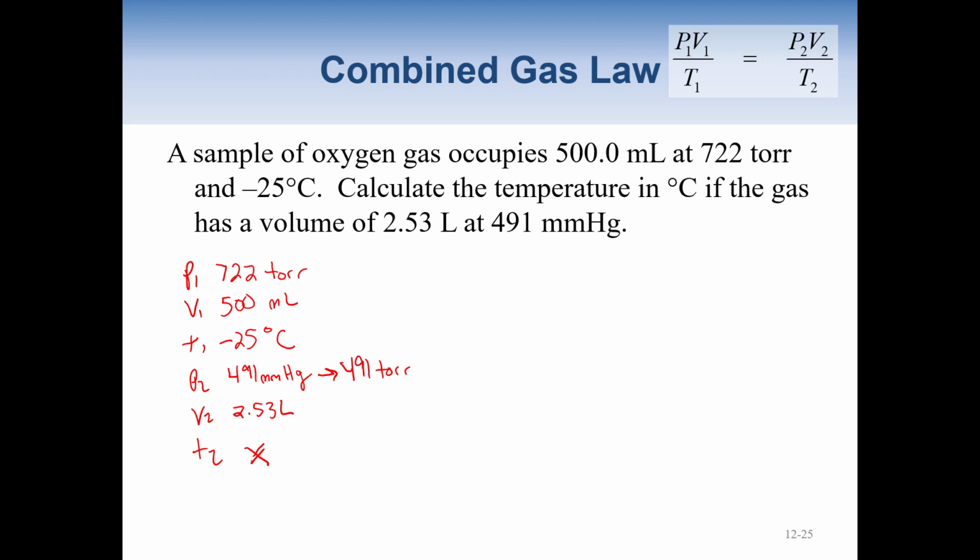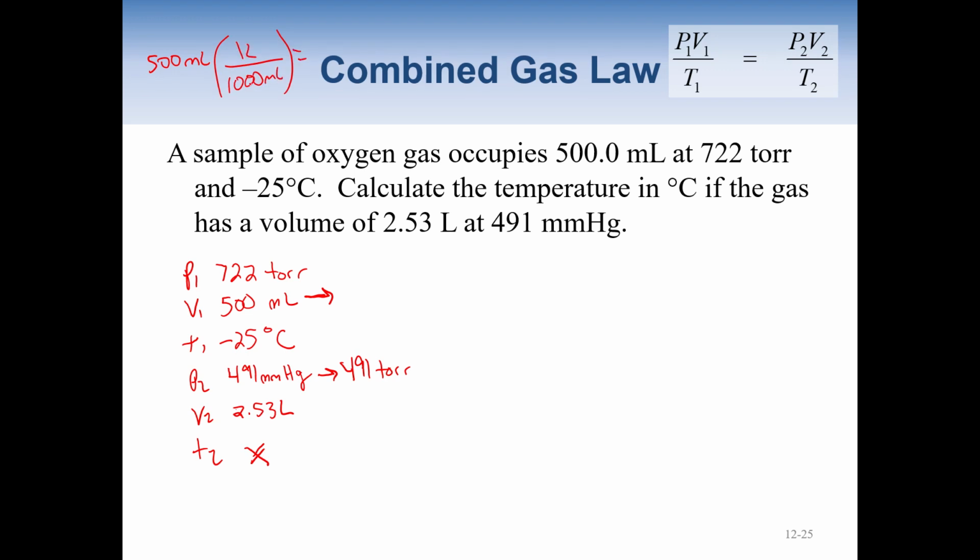Then we look at the volume units. We have 500 mils and we have 2.53 liters. I like working with smaller numbers, so I'm going to convert this mils to liters. And I'm going to do that up here. 500 mils, there's 1,000 mils in 1 liter.